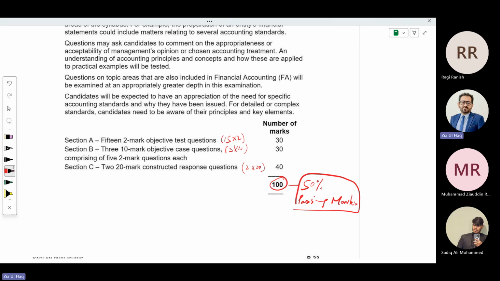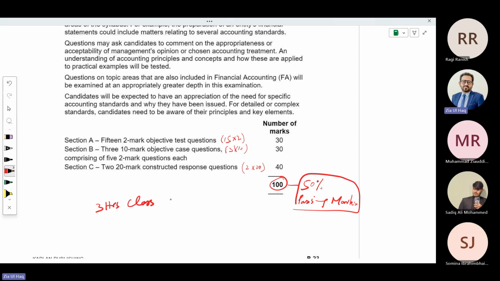To pass this paper, what you need to do is attend 3 hours of class every week, and you need to spend 6 hours on homework every week.